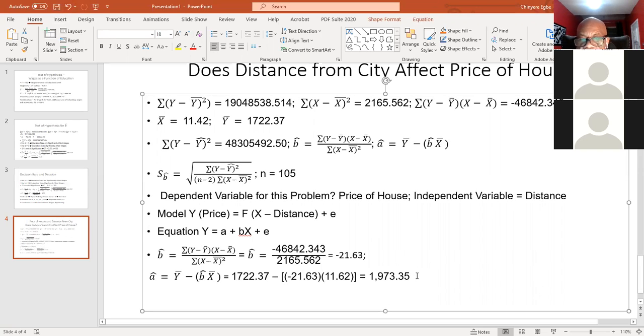So now we have to write the model equation. Okay, let's write the model equation. That is something that I expect from everybody.